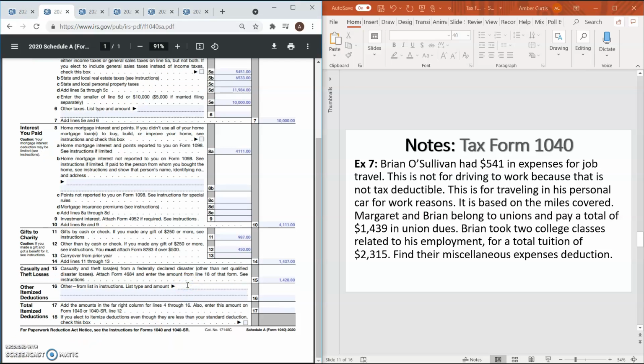All right, so we're going to list those here. Travel at 541. We had union dues at $1,439. And we had tuition.